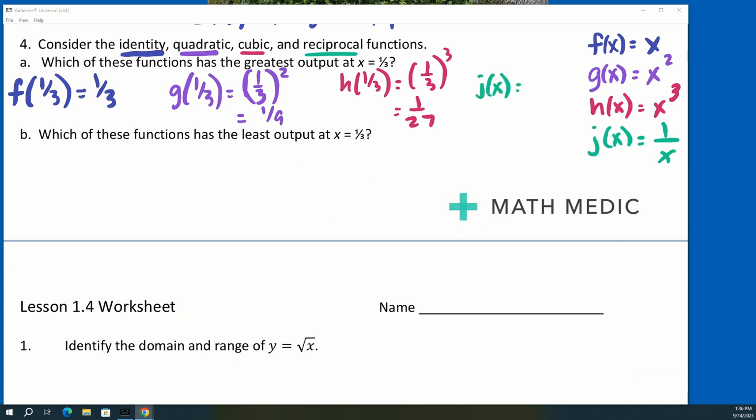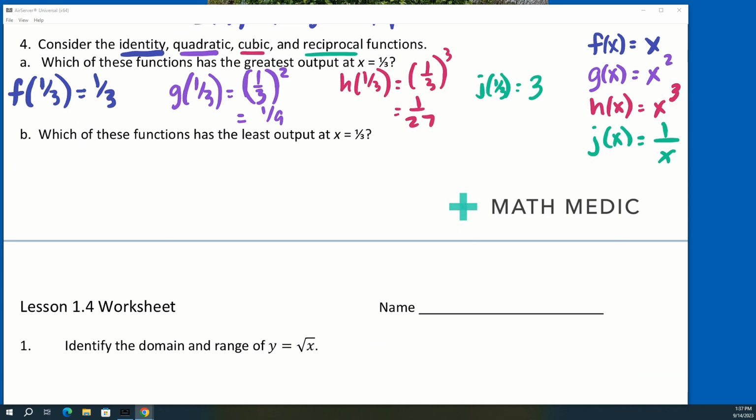And then the reciprocal function is almost as easy as the identity function. So when you put 1/3 into the reciprocal function, the answer is just the reciprocal. So what is that? 3. Just 3. And so the question is, which one of these functions gives the greatest output? So what do y'all think?